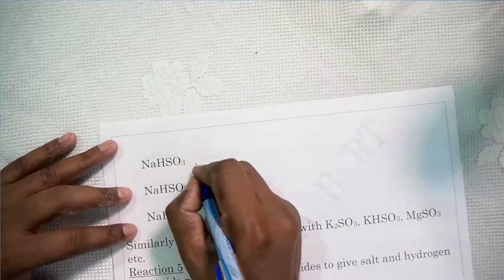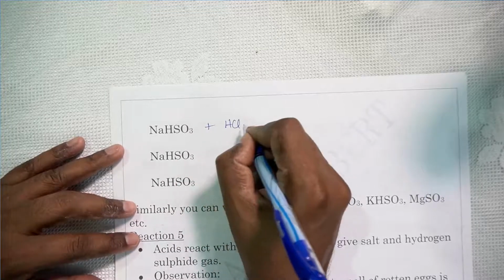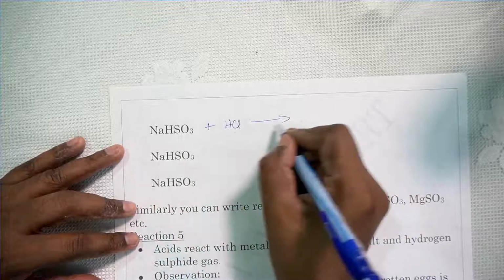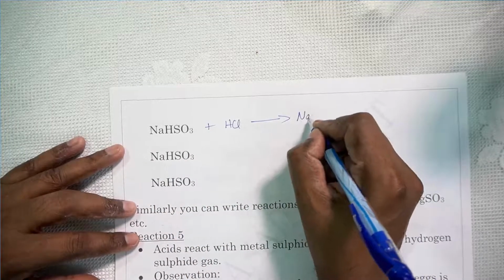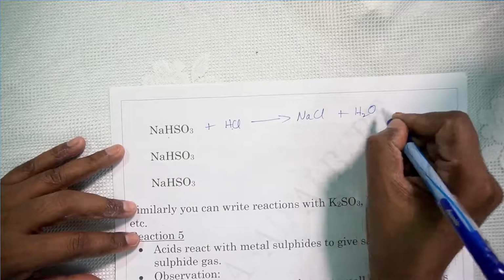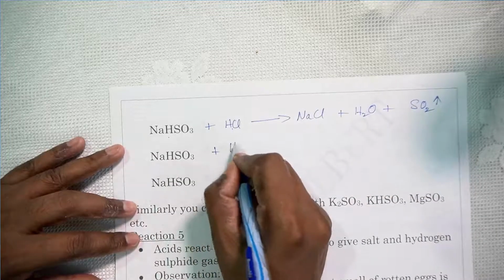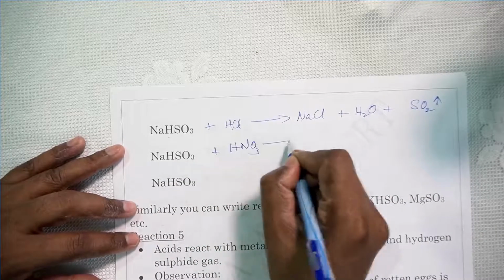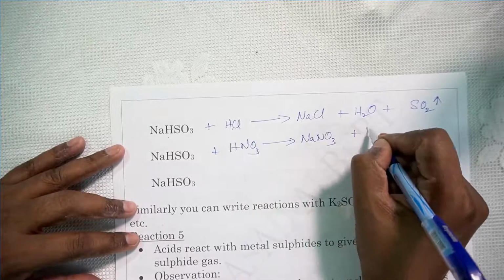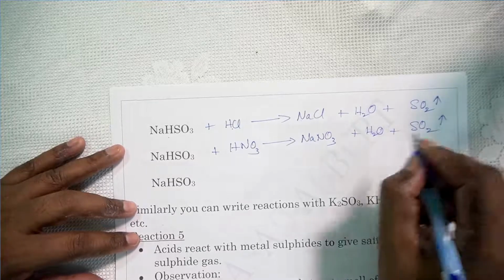NaHSO3, sodium hydrogen sulfite or bisulfite, plus HCl, hydrochloric acid, you will get... Now 1 sodium is there, so let's go ahead with 1 HCl, NaCl plus 1 hydrogen and 2 hydrogens will form 1 molecule of water and then 1 SO2, right? NaHSO3 plus HNO3, similarly 1:1 it is, NaNO3 plus 1 H2O and 1 SO2, right?